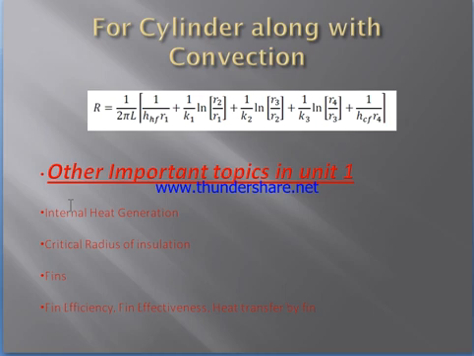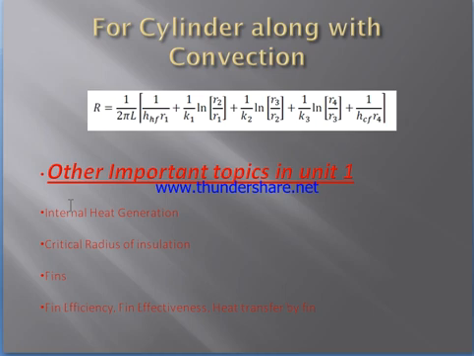So the critical radius of insulation means that at that particular point the heat transfer rate will be maximum, so that the electrical wires won't be catching fire. If the electrical wires are insulated and if it gets heated daily and it expands, then it might get exhausted or blasted.